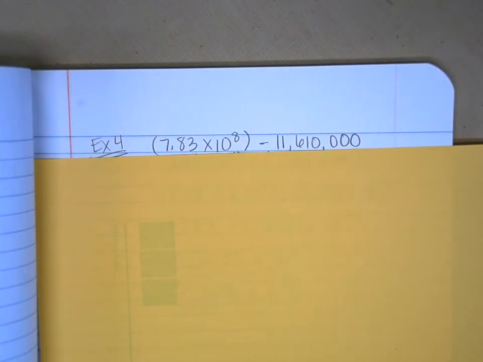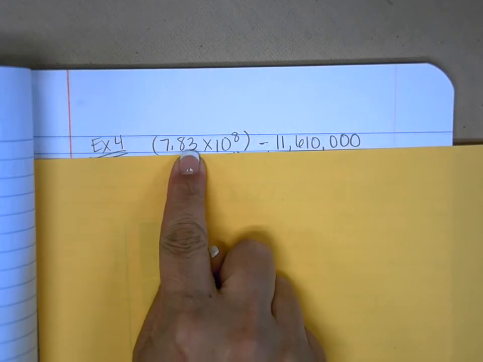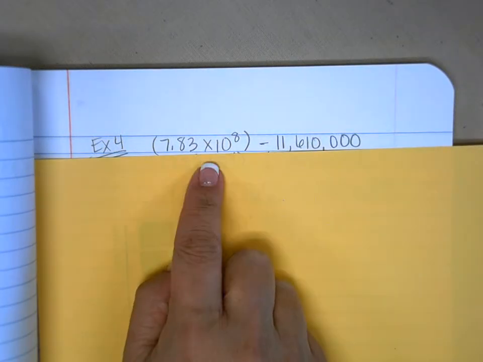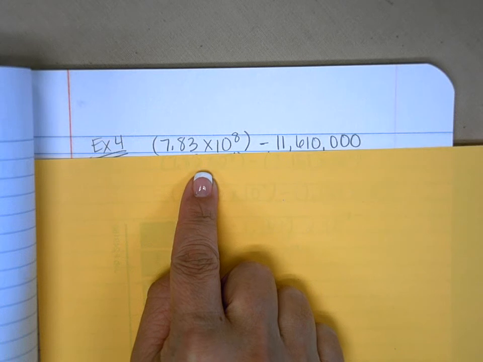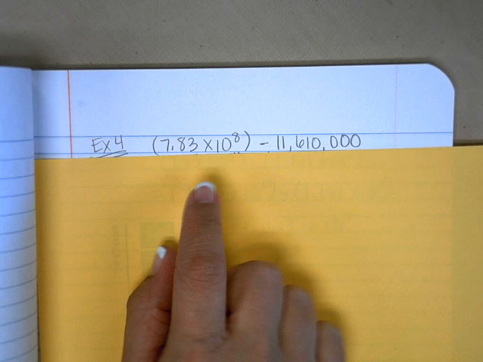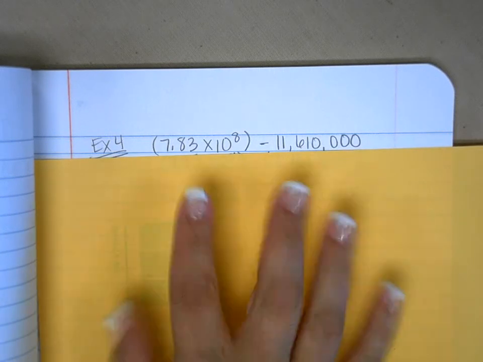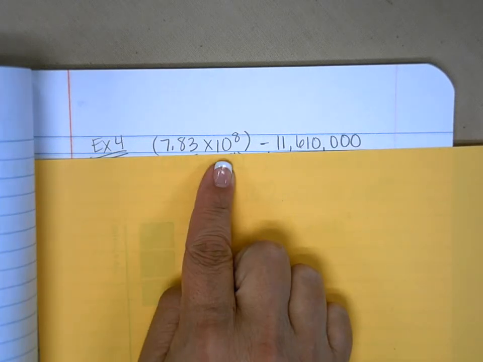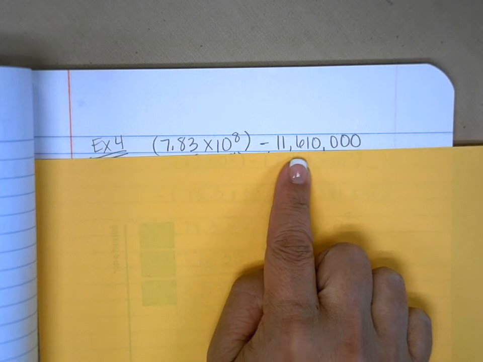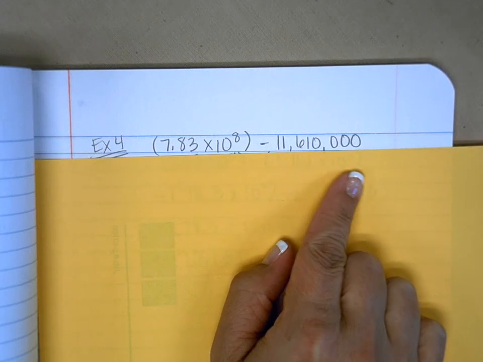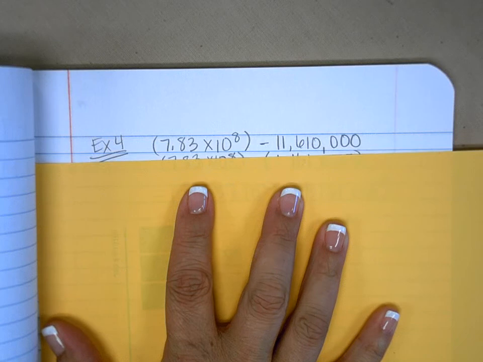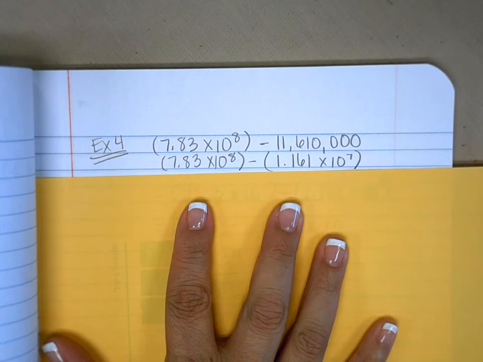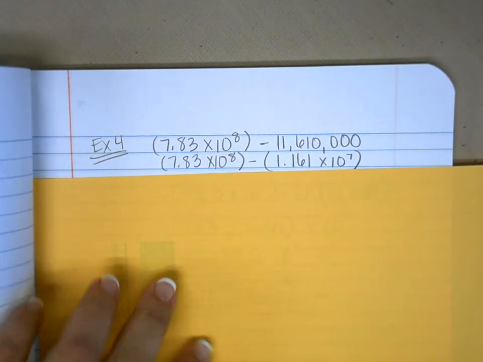A lot of people prefer to turn this into a standard number if you get one like this, because it's easier, isn't it? But I will show you this way first. So this is 7.83 times 10 to the 8th minus $11,610,000, Jared's future salary, right, Jared? So I'm going to change this one into scientific notation.